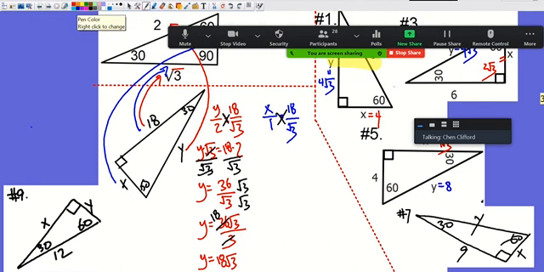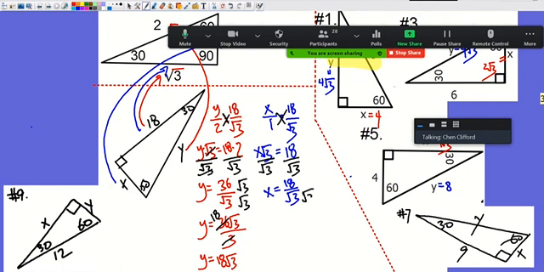Same deal here. x times root 3 is equal to 18. I'm going to divide both sides, and then I get x equals 18 over root 3.